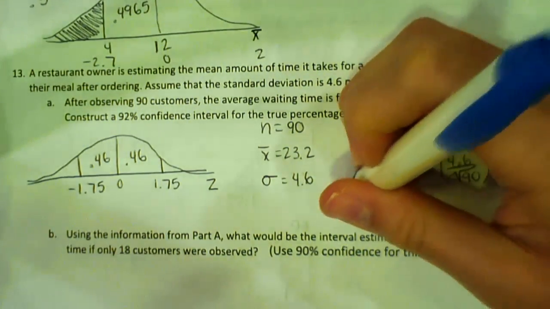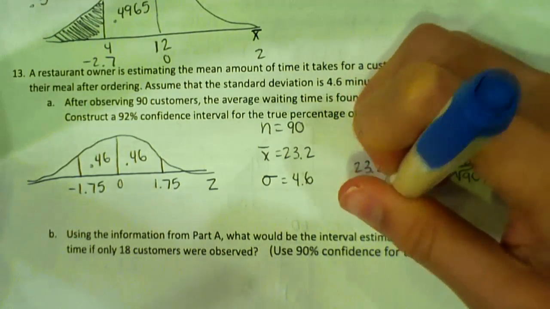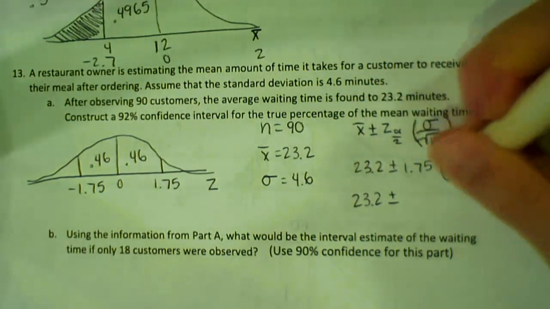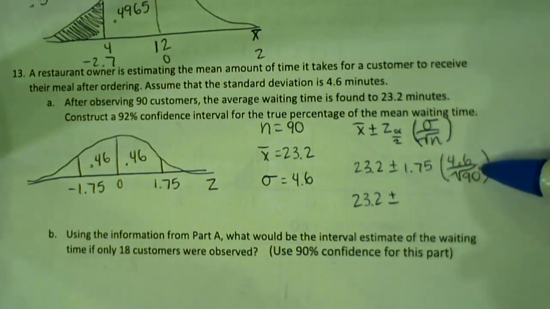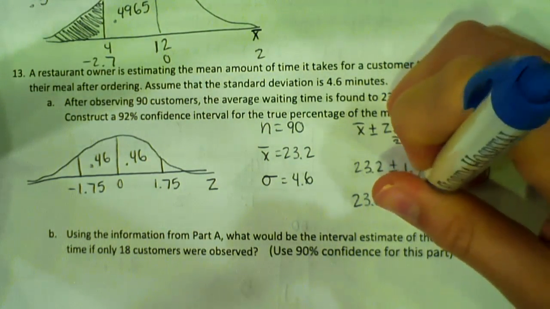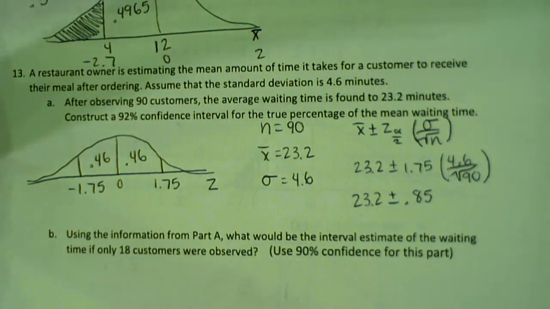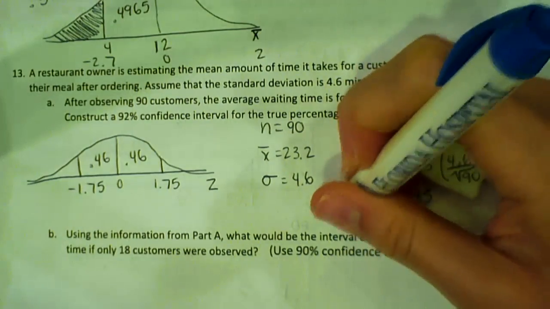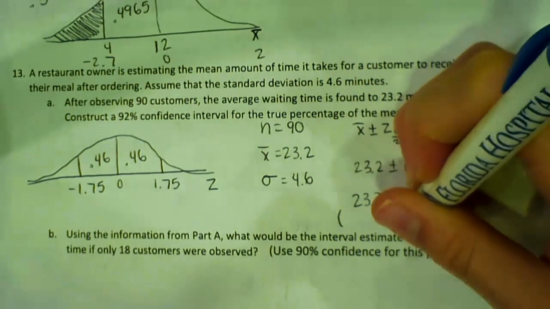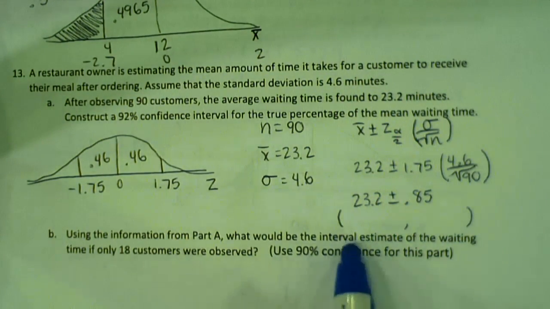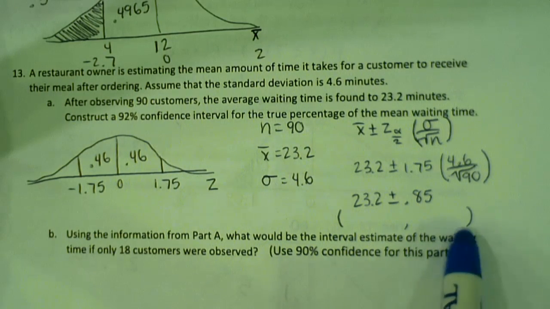So if we're just calculating the sampling error, right? This is everything that encompasses what the sampling error is. What did we find? 0.85. Yeah. And then if we want to find the interval estimate, we would have a minimum right here and then the maximum right here that's within that interval.